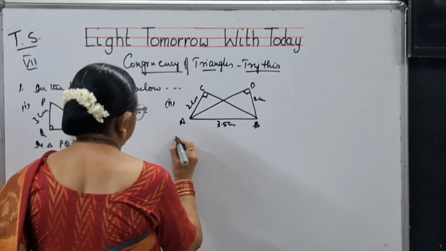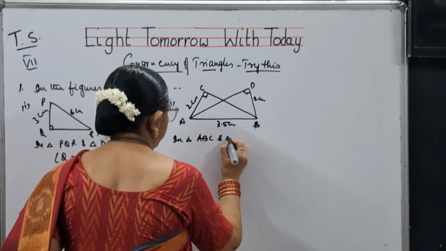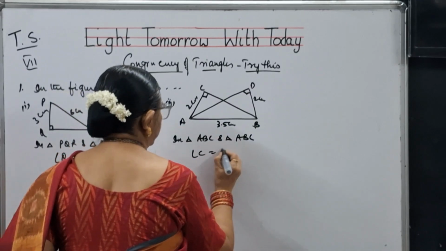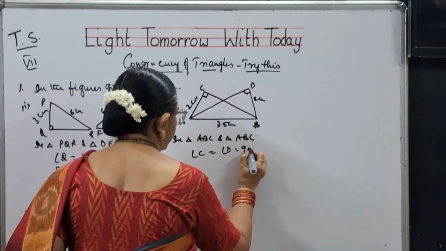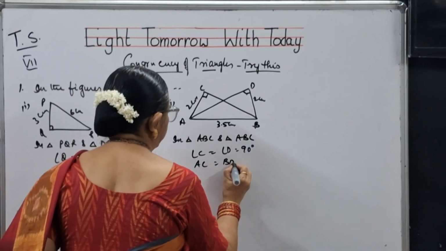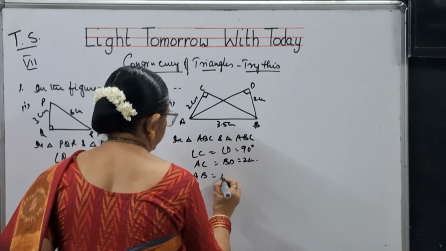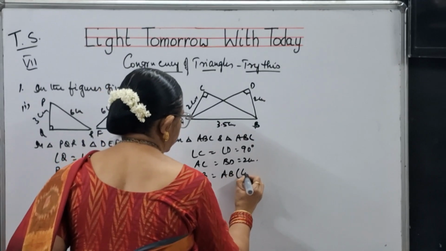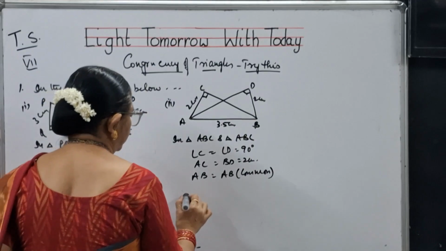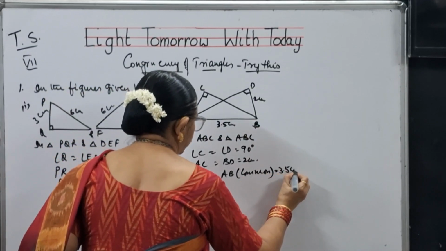So here in triangle ABC and triangle ABD, angle C is equal to angle D, 90 degrees. AC is equal to BD, 2 centimeters. AB is equal to AB, you can write it as common.